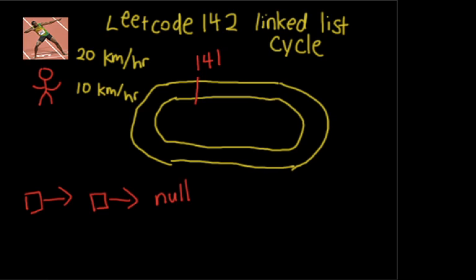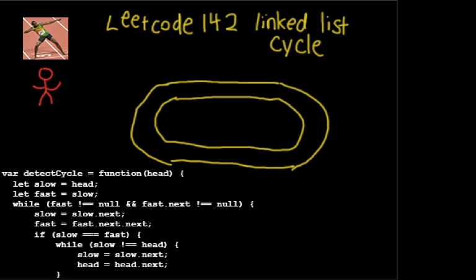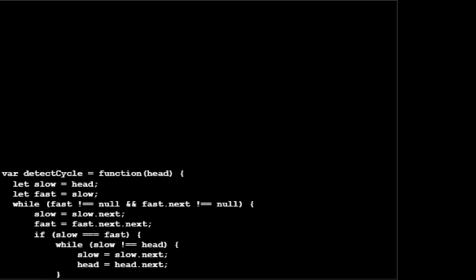So I think right now it helps to take a real quick look at the code, and then we will go ahead and start on the example of running through what would happen. So again, you have a slow pointer here, you have a fast pointer here, and as long as the fast pointer is not null and its next is not pointing to null, meaning it hasn't ended, then you can iterate, you can step through and move the pointers forward.